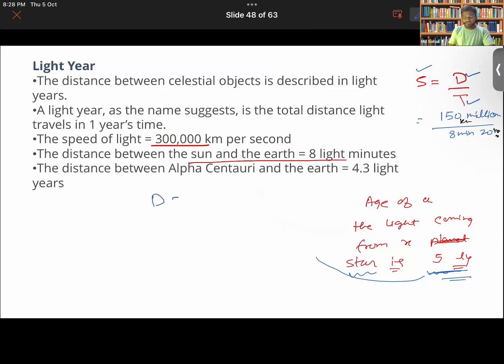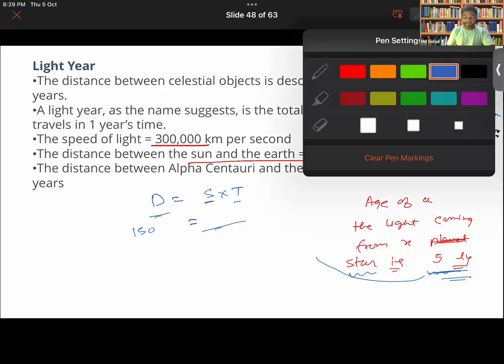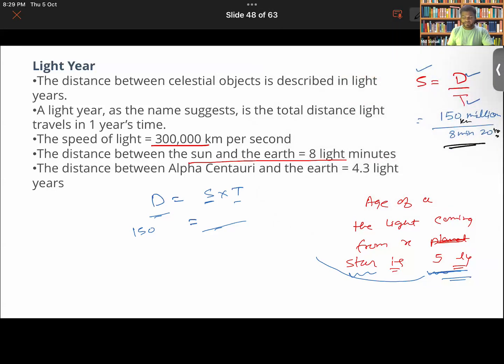Do this: distance equals speed into time. Use this one and find out whether you're getting 150 million kilometers or not, where you will be putting the speed of light and the time. This manner also you will be getting the speed, but try to find out the distance using the formula. Okay, so that's it for today.